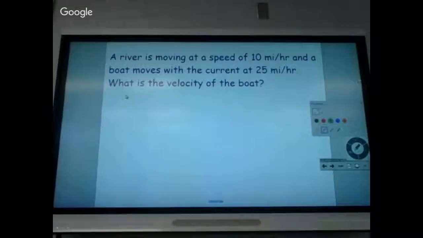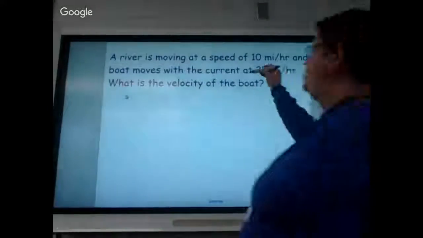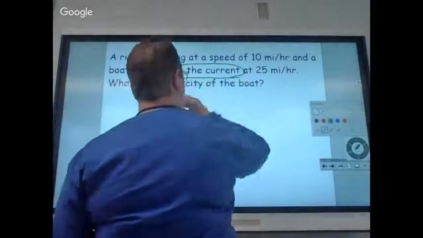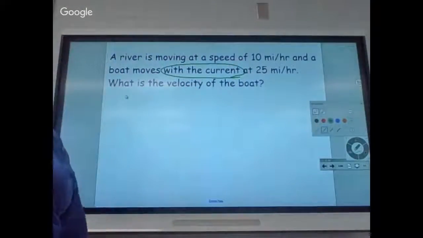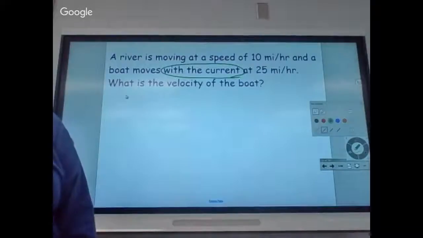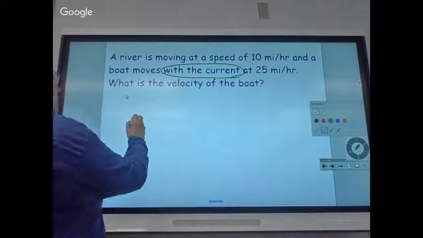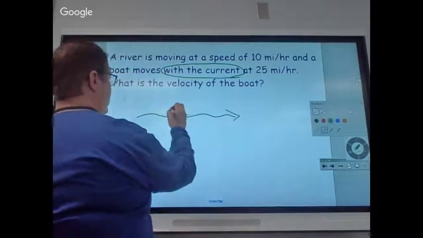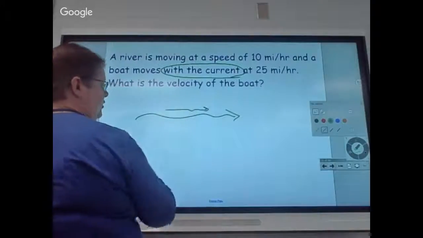So, can we talk about what you would do? When you look at it, first of all, if you calculate velocity, is there a distance or a time up there? No. So that's what tells you this one's different. See how it says with the current? That tells you the boat and the water are traveling in the same direction.